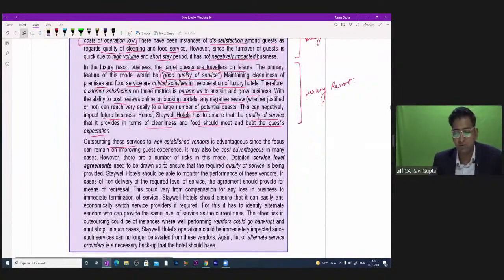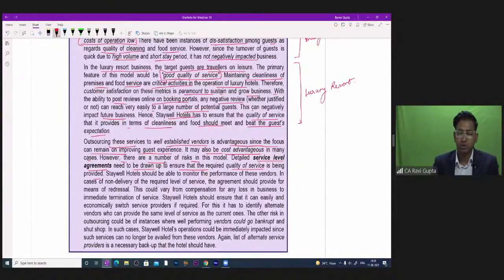Outsourcing these services to a well-established vendor is advantageous since the focus can remain only on improving guest experience. It may also be cost advantageous in many cases. However, there are a number of risks in this model. Detailed service agreements need to be drawn up to ensure that the required quality of service is being provided.